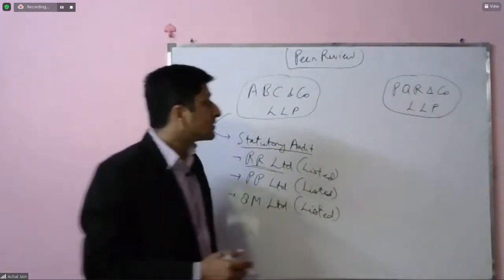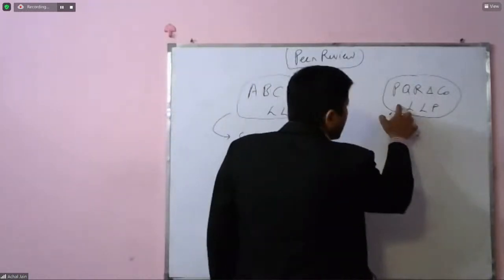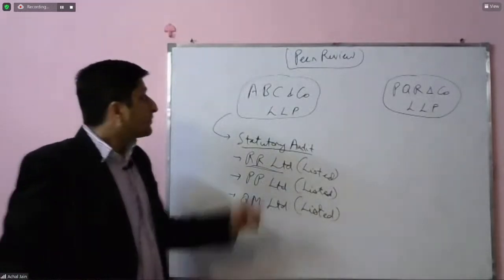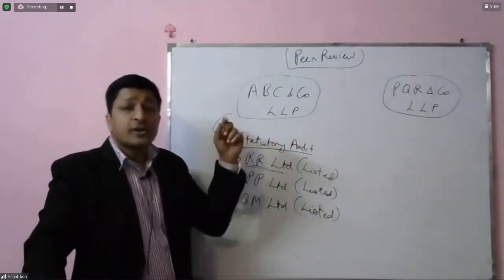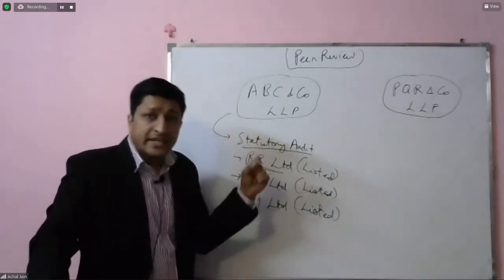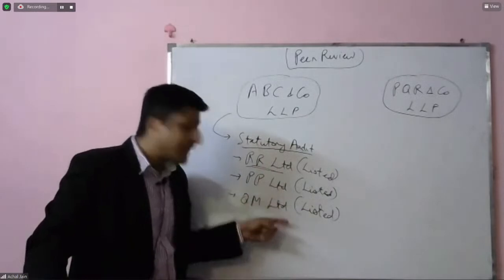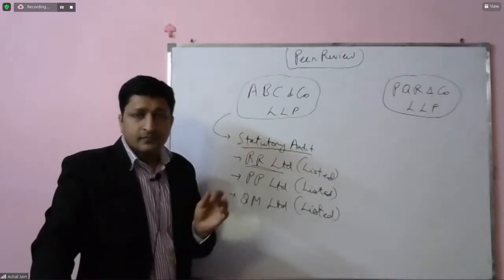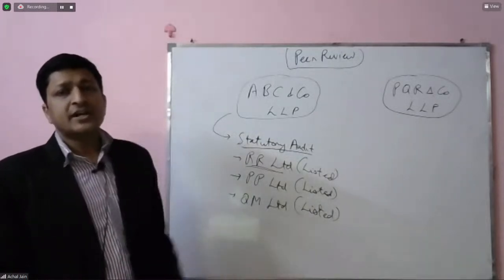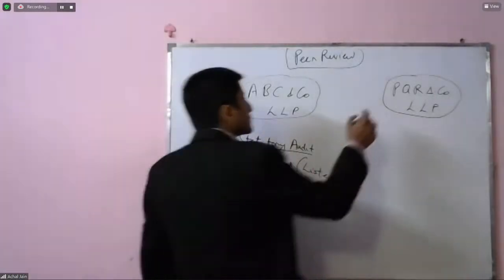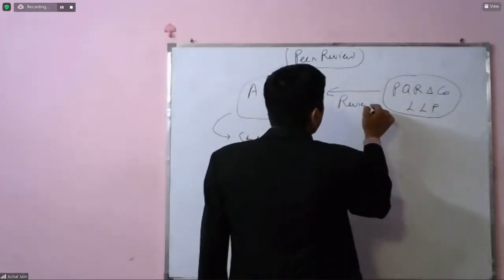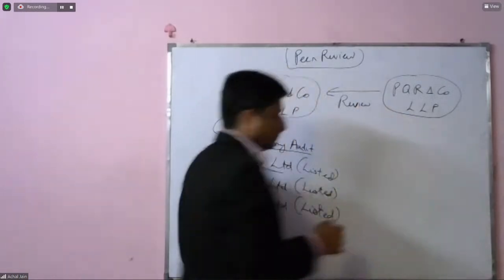So that means PQR and Company LLP would verify whether the work, that means whether the statutory audit which has been performed by ABC and Company LLP in respect of any of them was as per the applicable reporting standards or not. So now it's a review by a firm of another firm.